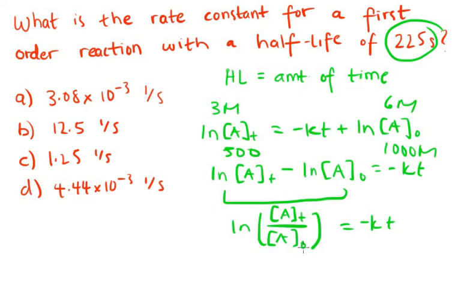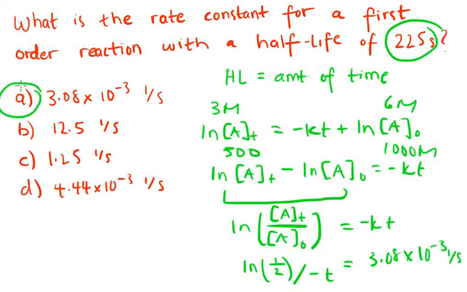The ratio is always going to be 1/2 for a half-life. So all this is asking is ln of 1/2 divided by negative t. And in this case, because that's 225, ln of 0.5 divided by negative 225 is 3.08 times 10 to the negative 3.